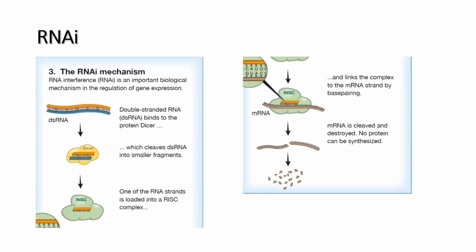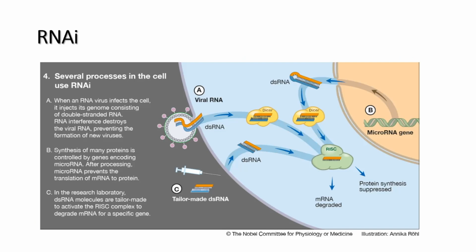So this works in the animal itself, and often it carries over into the offspring. Okay, so this is from the Nobel Committee for Physiology or Medicine. Several processes in the cell use RNAi. There are many double-stranded RNA viruses that inject double-stranded RNA into the cell.